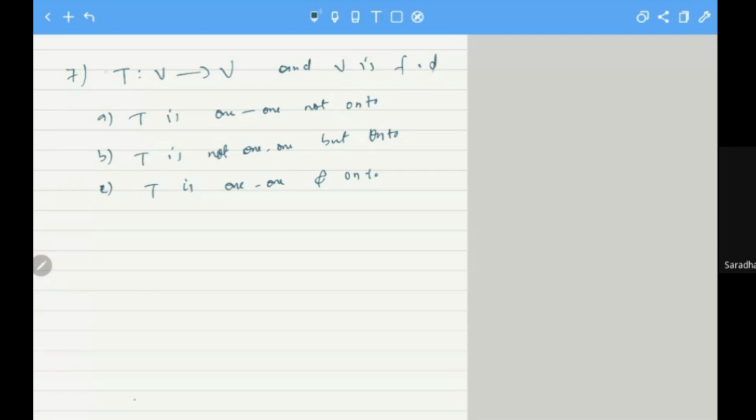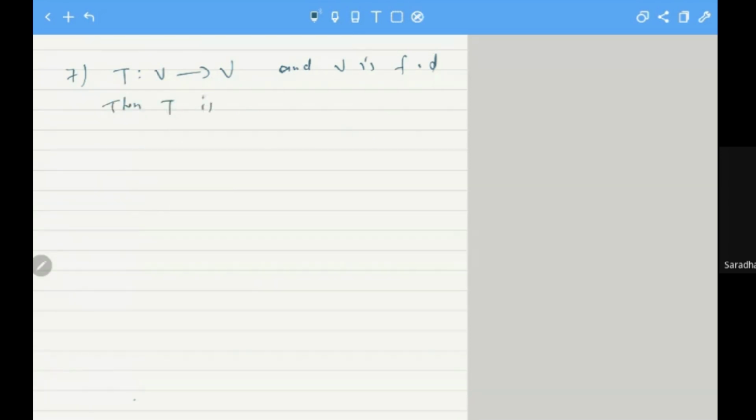Okay, I need to modify this question. Let me put it in this way. V is finite dimensional, then T is 1-1 if and only if it is onto.